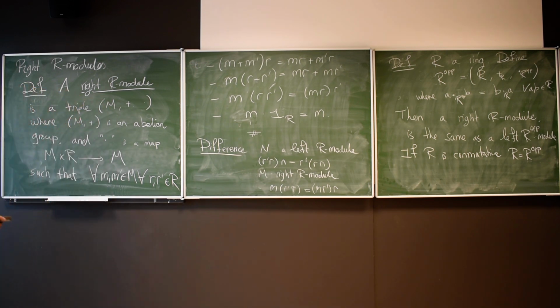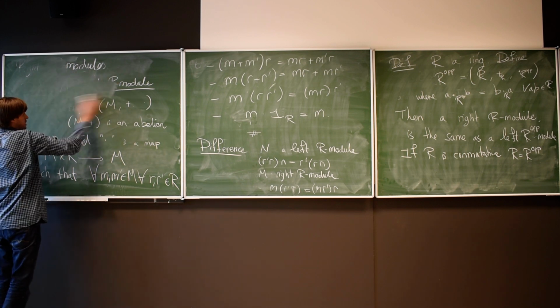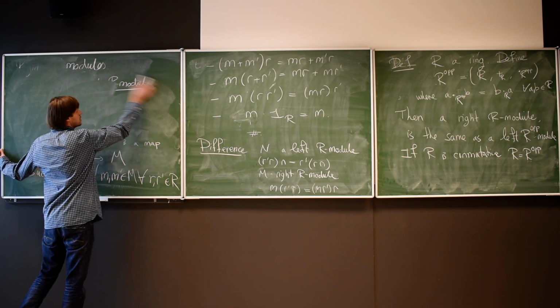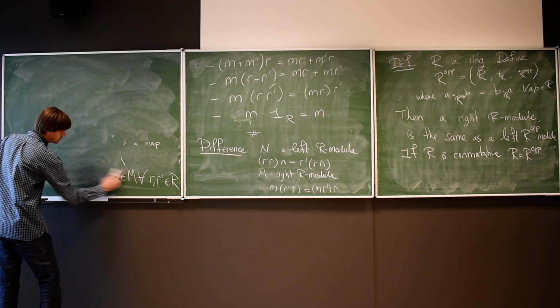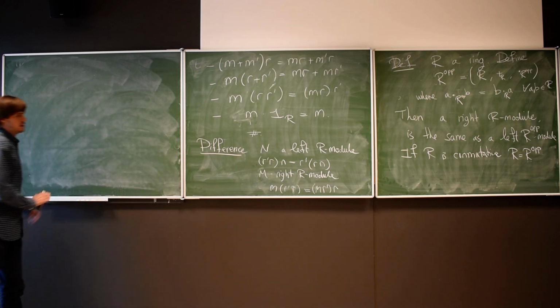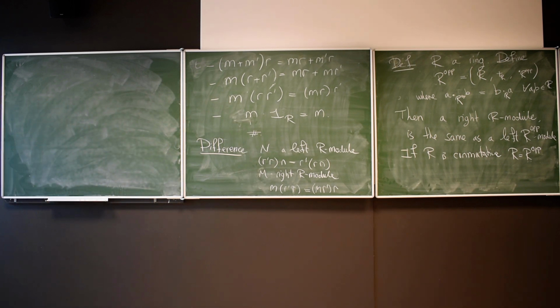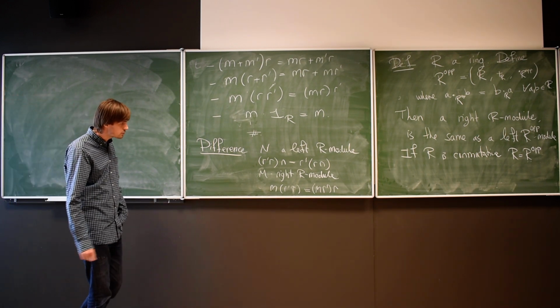Okay, so then I can say something about a further comparison with linear algebra over vector spaces. You saw that the definition was really similar to the definition of vector spaces.